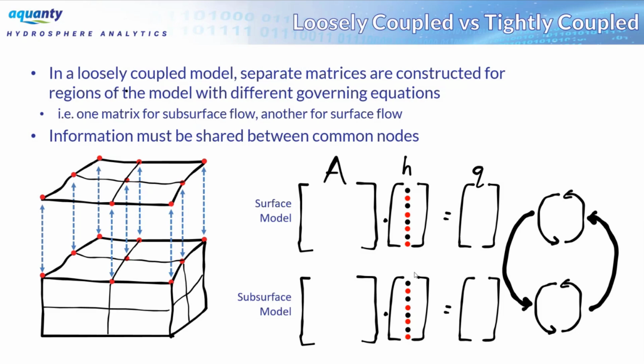The way a loosely coupled system works is that you solve one of these systems of equations first, and then the resulting head values from shared nodes are mapped onto the opposite model, which goes through a series of iterations to solve itself.